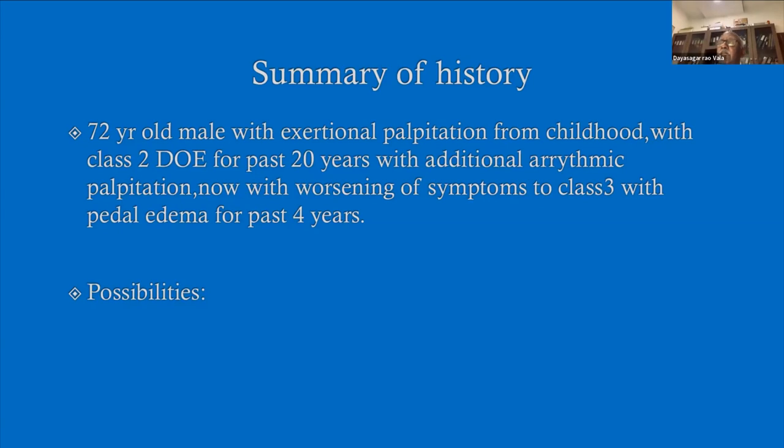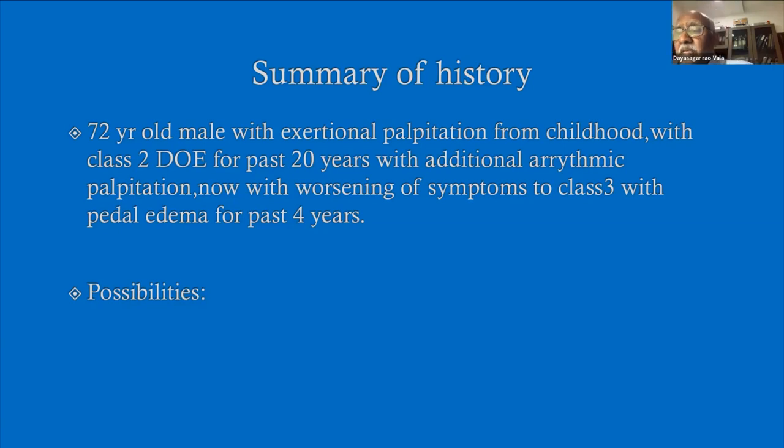But are there any other diseases you know of wherein arrhythmias is a prominent feature in the natural history of the disease? Cardiomyopathies, hypertrophic cardiomyopathy. Hypertrophic cardiomyopathy does not go on such a benign course, starting very early in childhood. The earlier the onset of HOCM, the worse is the prognosis.